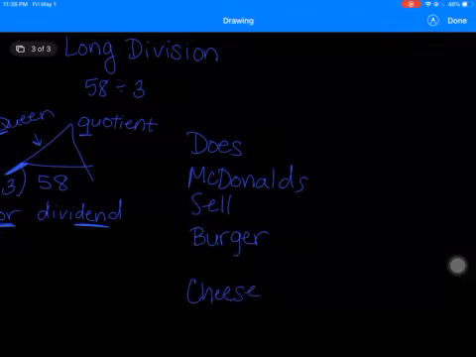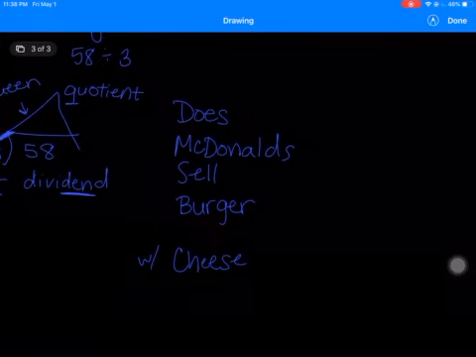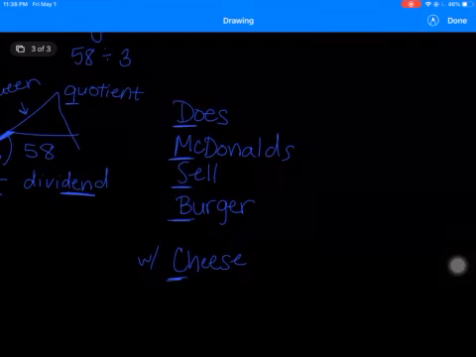We don't have to put the W in there because words like that don't actually have to go into acronyms and things of that nature. Now, of course, McDonald's sells burgers with cheese, but these letters are the important part of this question. Does McDonald's sell burgers with cheese? Because they all stand for a step in division.